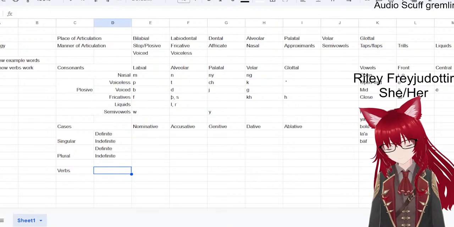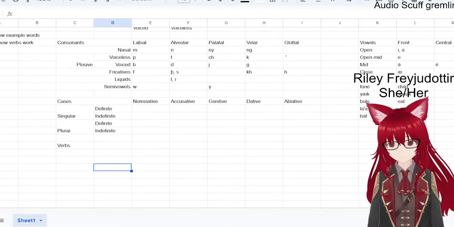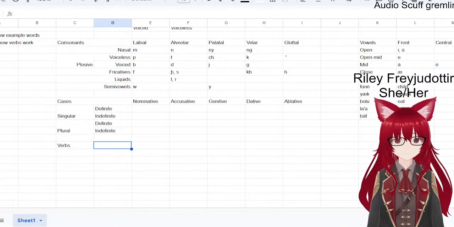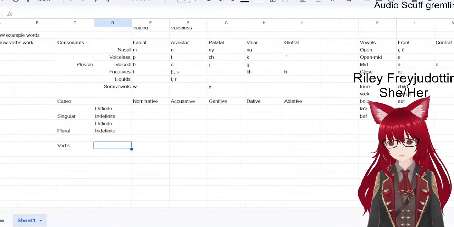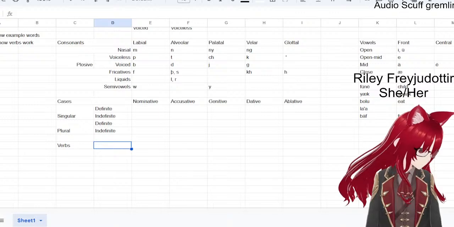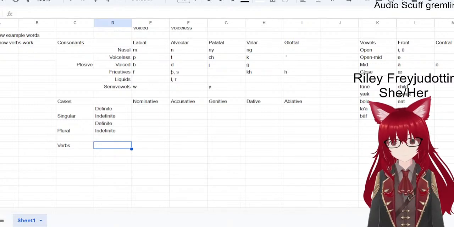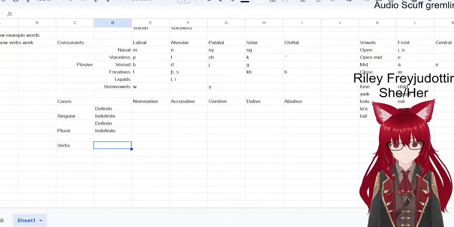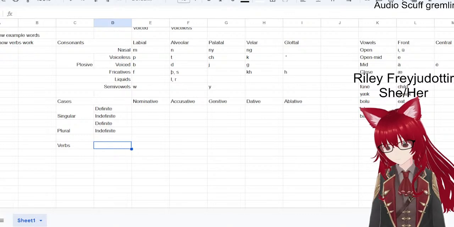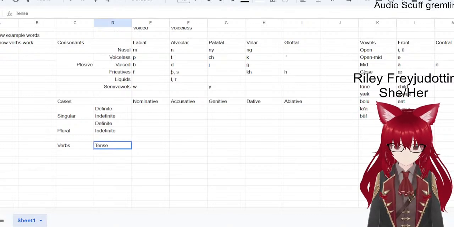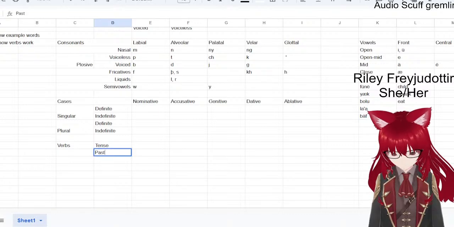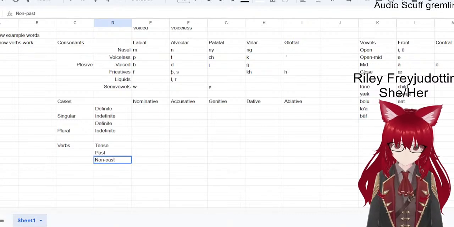Verbs can encode a lot of information, and in various languages they encode way more information than in, say, English. In English, verbs actually encode very little information. English verbs have tense, which in English is past and non-past.